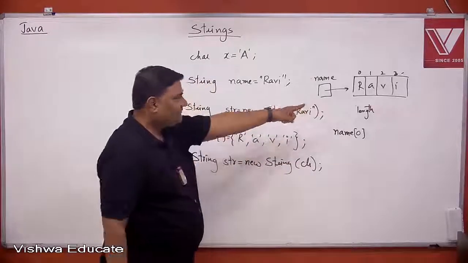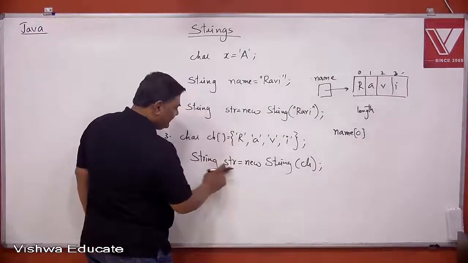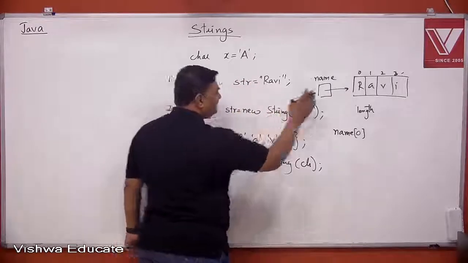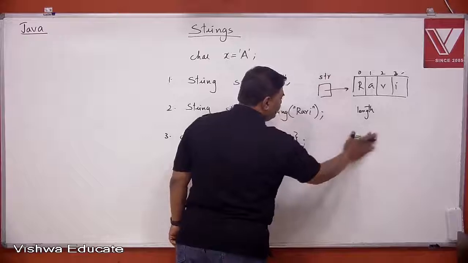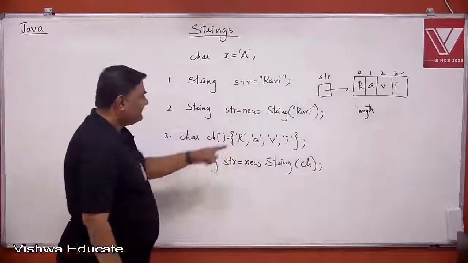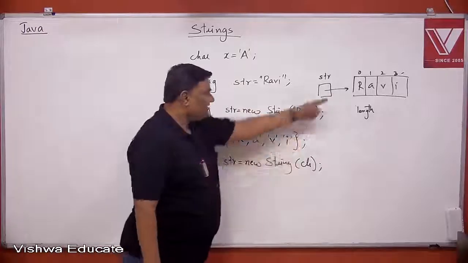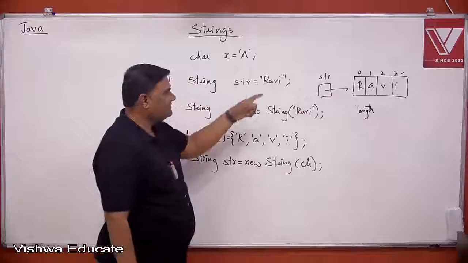The same thing we will get. I'll write str here, so I will make this also str. That gives me the same picture in the memory. Whether you create it like this or like this, the same thing will be created.